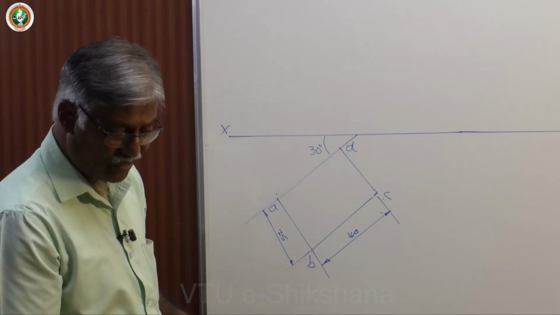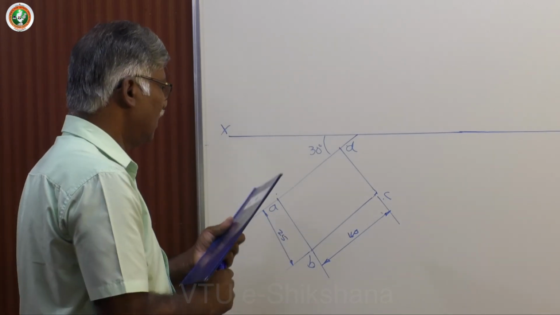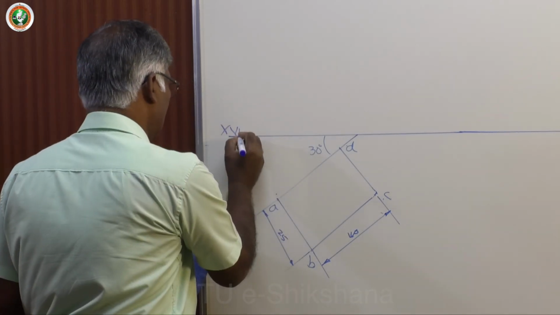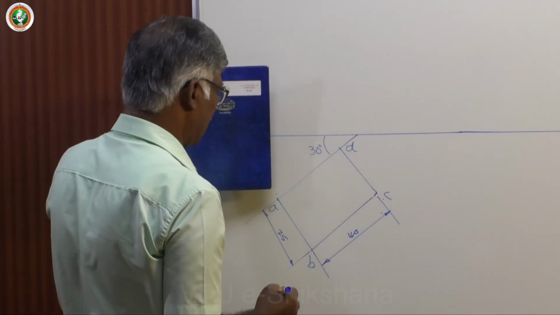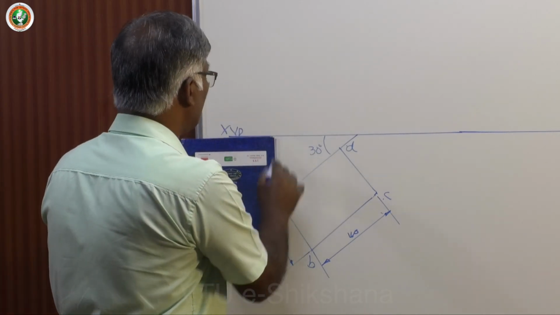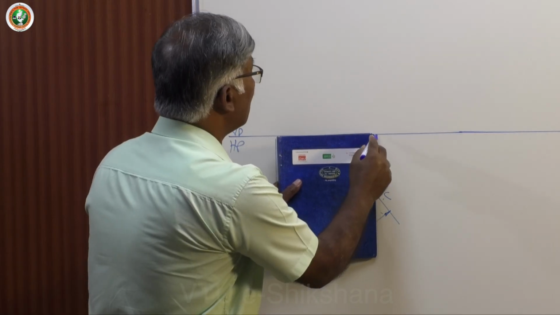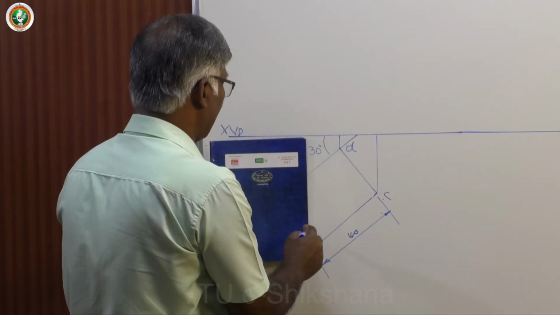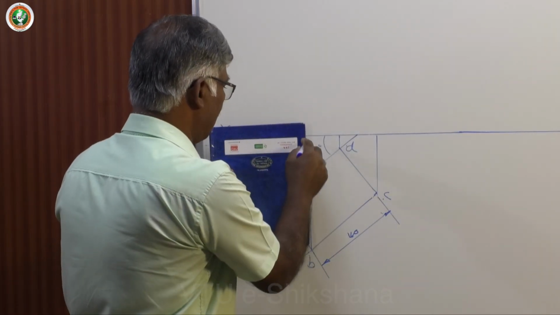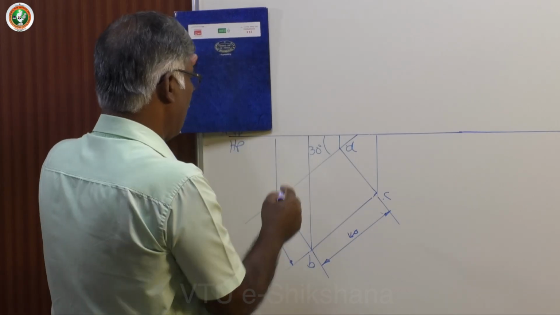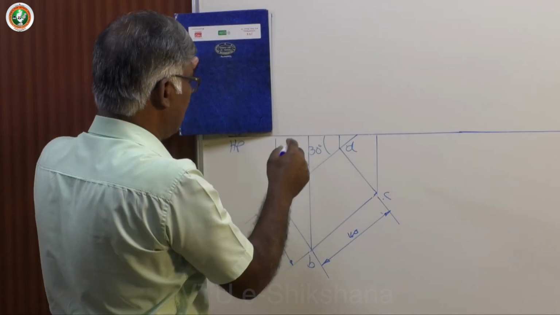Next, projection of the same onto the VP, the front view, that is the first figure front view. Here there is only one position, next is only the development, unlike the projection of solids or laminae. Assume that this is the height.